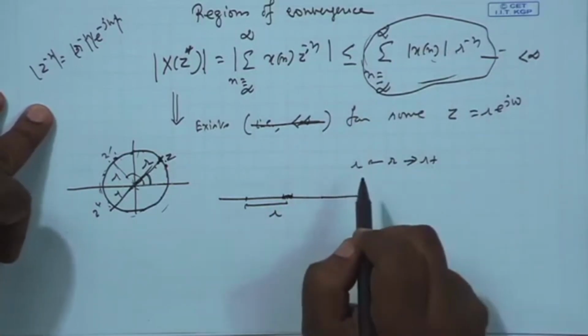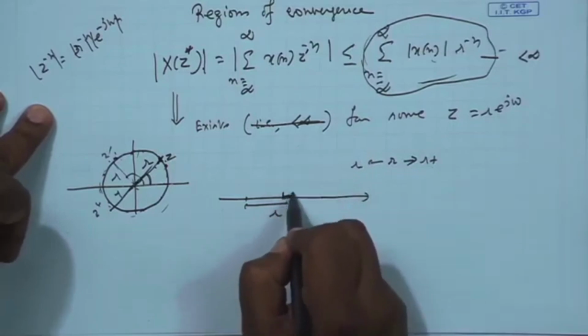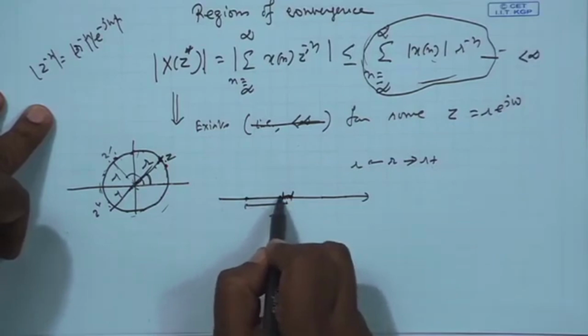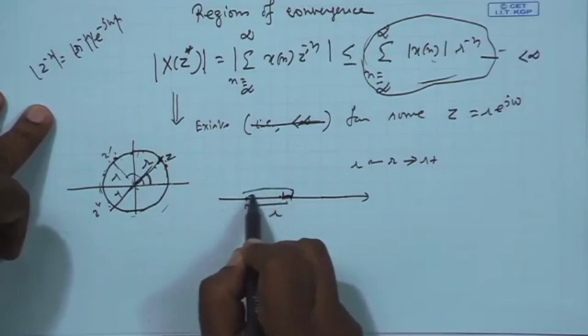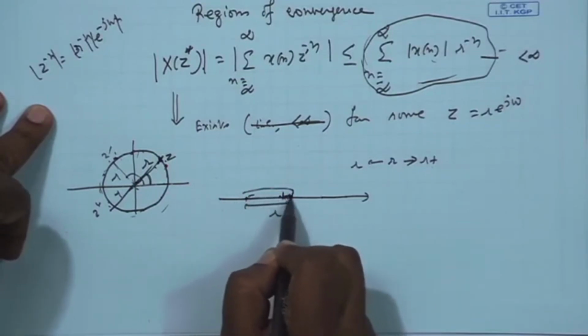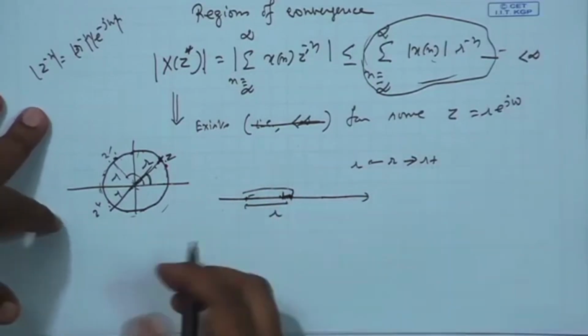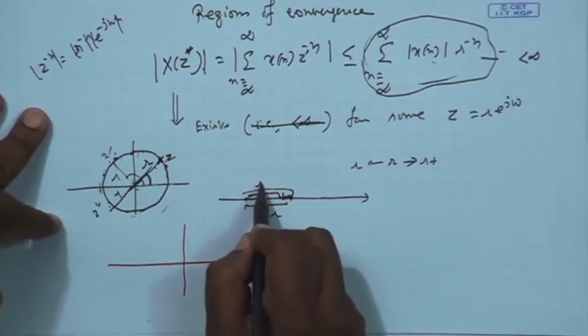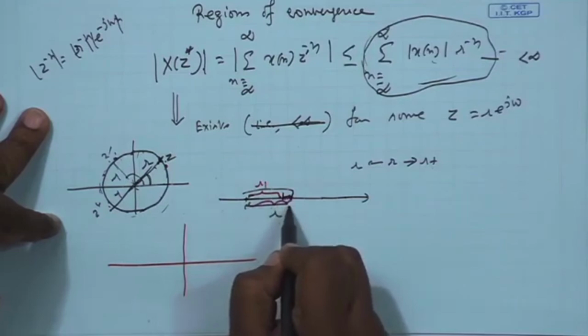If I draw a circle of this much radius, or of this much radius, or of this much radius, for all of them I will get things like this. Suppose this part is R1, this part is R2.